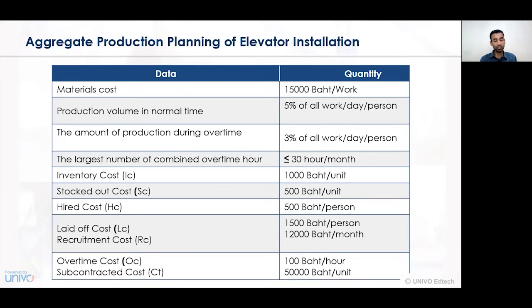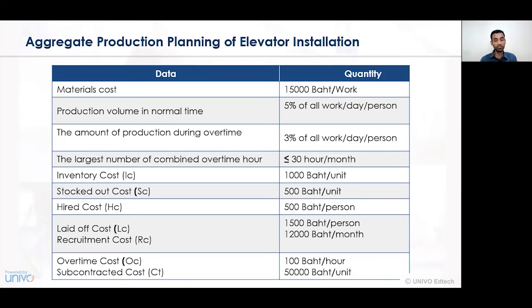With respect to the material cost, the valuation of the quantity provided is 50,000 baht per work. In terms of production volume in normal time, it is 5% of all work day per person. The amount of production during overtime is 3% of all the work undertaken per day per person. The largest number of combined overtime hours is less than or equal to 30 hours per month. The inventory cost is 1000 baht per unit.